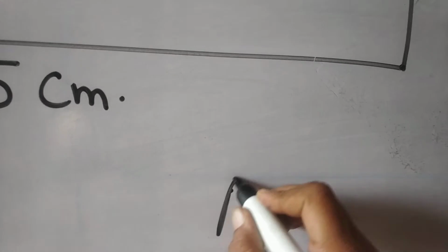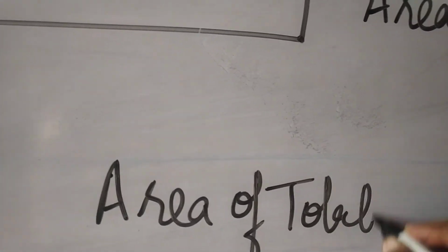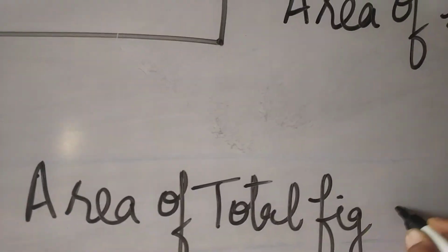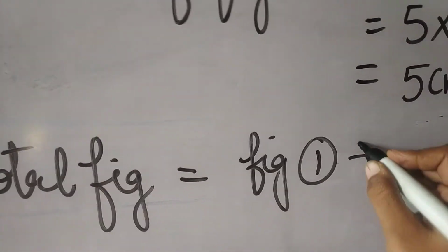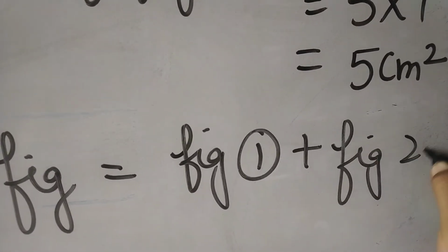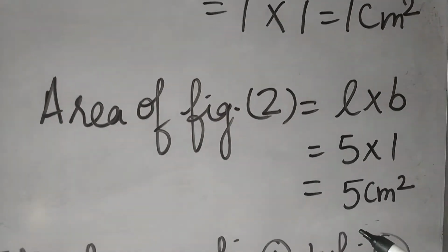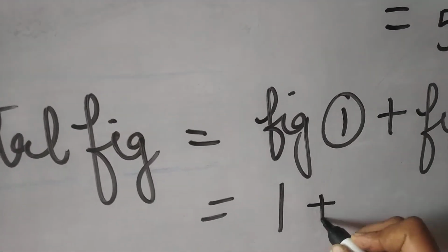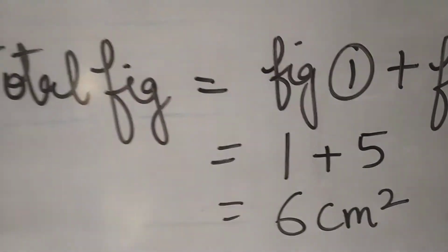Right? So now we will write area of total figure. That is area of figure 1 plus area of figure 2. So area of figure 1 is 1 centimeter square and area of figure 2 is 5 centimeter square. So 1 plus 5 will become 6 centimeter square.